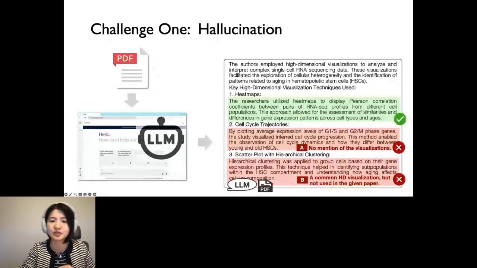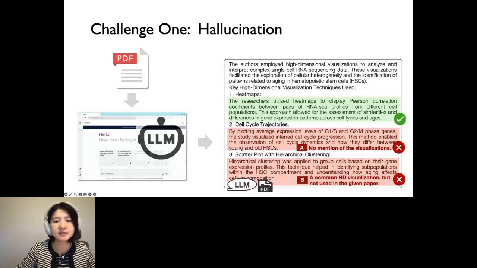As the examples show here, the model often produces incorrect or irrelevant interpretations. The first insight about the heat map description is correct, but the second one only mentions which patterns or insights we get from the cell trajectories, but does not mention the visualization. The third one actually hallucinated a visualization that is not used in that paper.